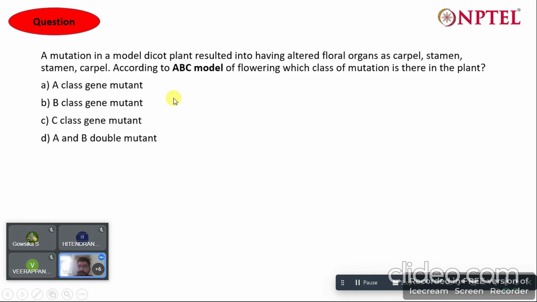The question states: a mutation in a model dicot plant resulted in altered floral organs as carpel, stamen, stamen, and then carpel. So according to the ABC model of flowering, which class of mutation is there in the plant?